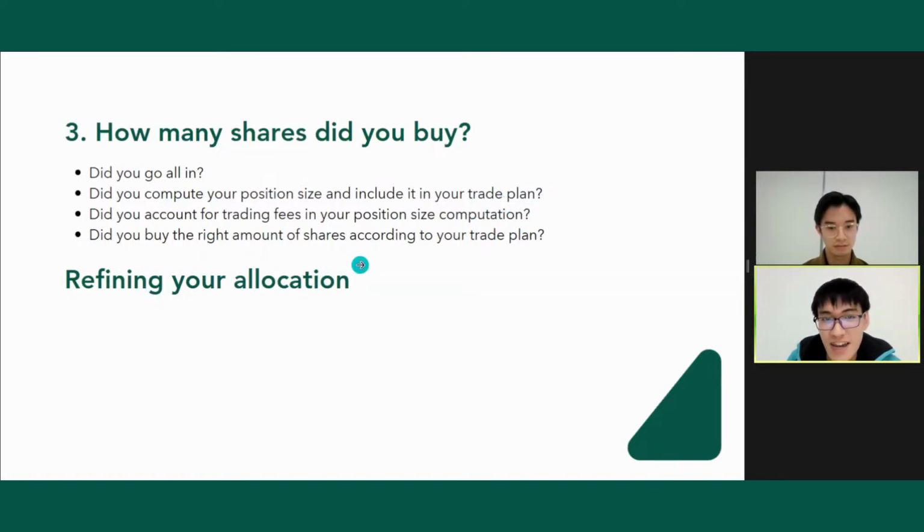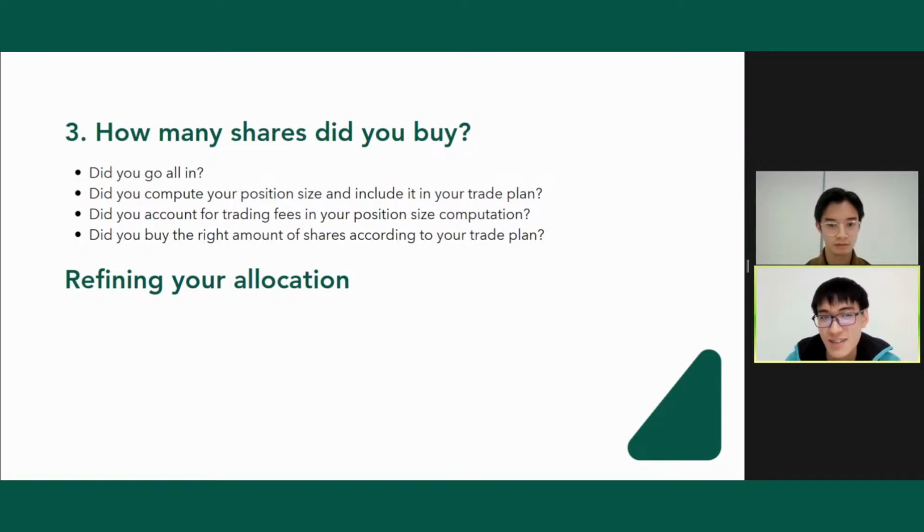And did you buy the right amount of shares according to your trade plan? Parang there are some times na you just misclick, you're typing how many shares pero you added another zero, so parang tumaas yung allocation mo, or you mistyped a number or something.